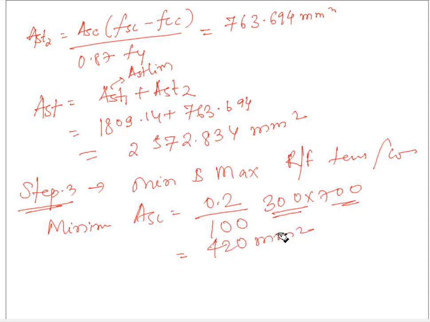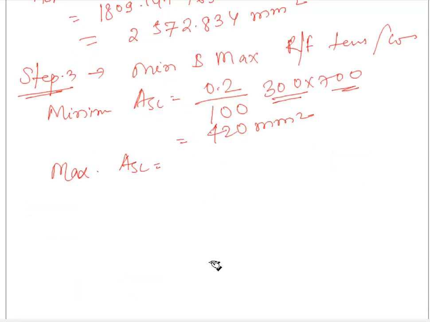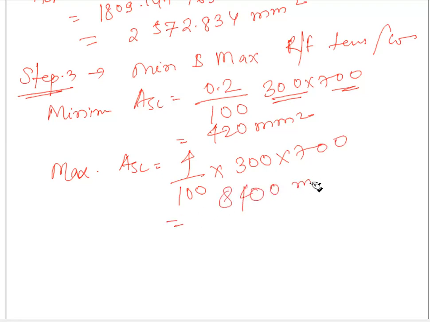ASC maximum is equal to 4 percent, so 4 by 100 into B into D, which is equal to 8400 mm square.